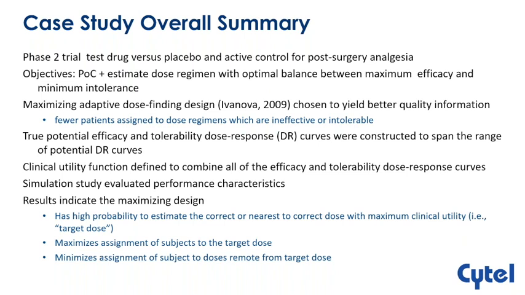And the results indicated that the maximizing design had high probability to estimate the correct or nearly correct dose with maximum utility, and it maximized the assignment of subjects to the target dose, and it minimized the assignment of subjects to doses away from the target dose. So the sponsor really liked that, and we implemented it.